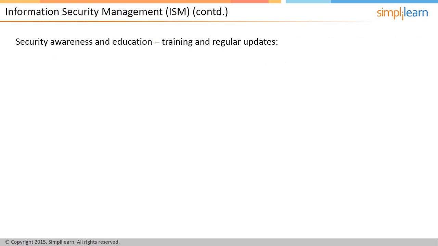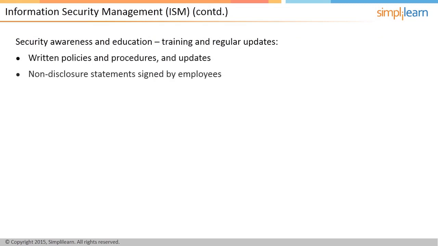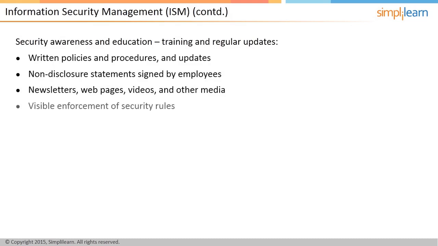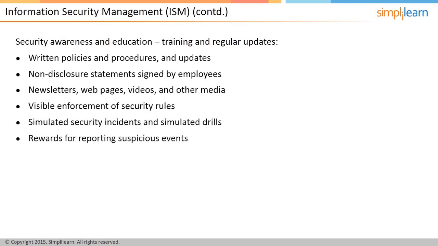Security awareness and education through training and regular updates, written policies and procedures and updates, non-disclosure statements signed by employees, newsletters, web pages, videos, and other media, visible enforcement of security rules, simulated security incidents and simulated drills, rewards for reporting suspicious events, periodic audits, monitoring and compliance.